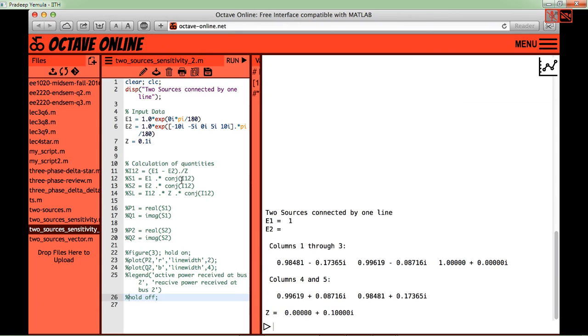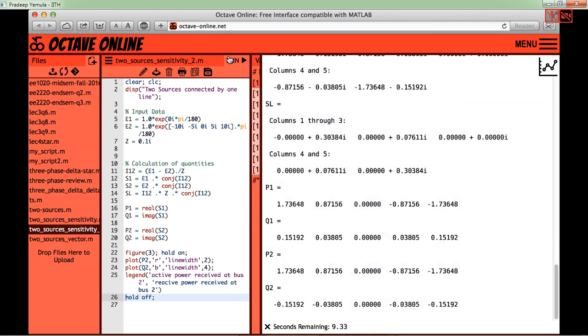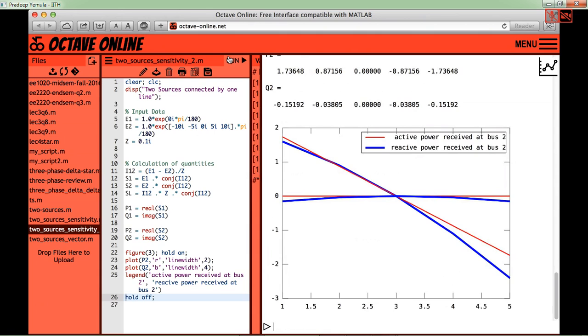Okay, so this is also working. So I don't have to do any change now. Just the same program I'm rerunning once again. Let's go to figure 4.